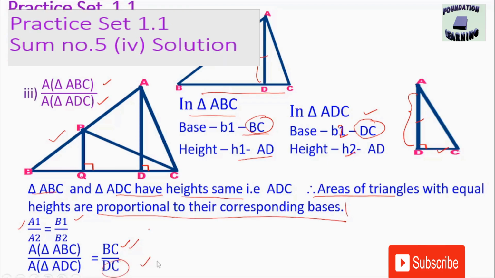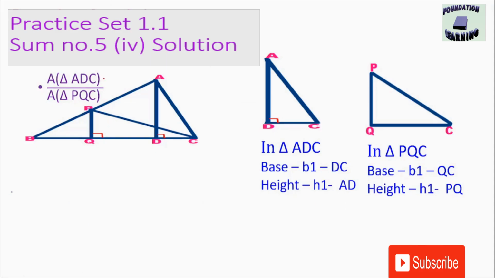And let's take the fourth part. Here what we have to find? We have to find the ratio of area of triangle ADC upon area of triangle PQC. The figures are all repeated. Since I am doing it differently, you will find it a little different, but if you are writing it, you will understand that the figures are the same. This is triangle ADC, and the other one is PQC.